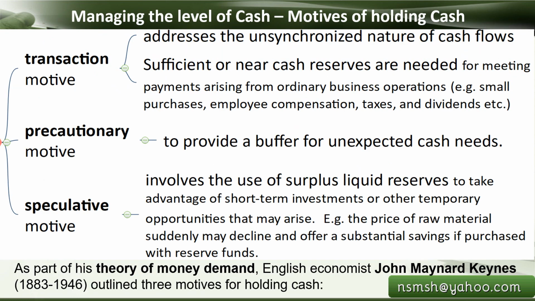In order to arrive at a way of managing the level of cash, we need to understand the motives of holding cash. There are three motives of holding cash: the transaction motive, the precautionary motive, and the speculative motive. Transaction motive is like a kind of exchange.